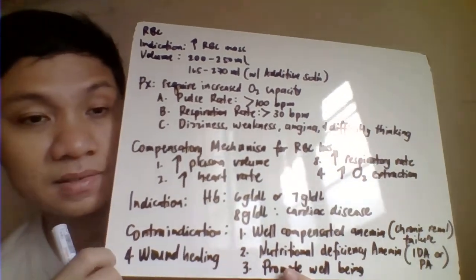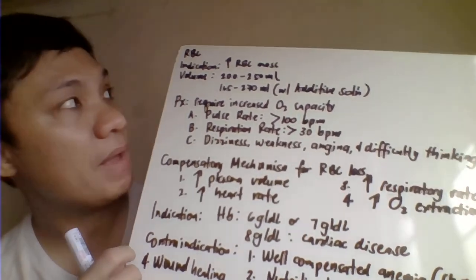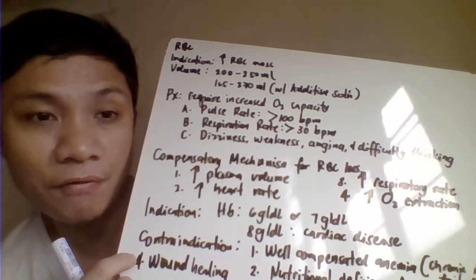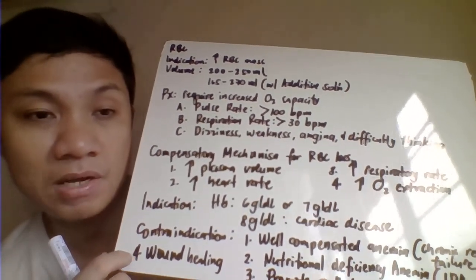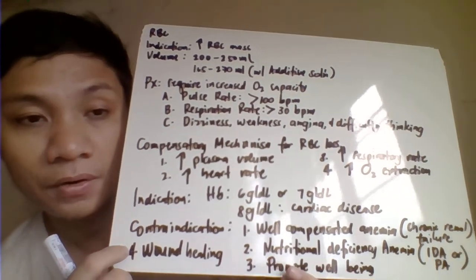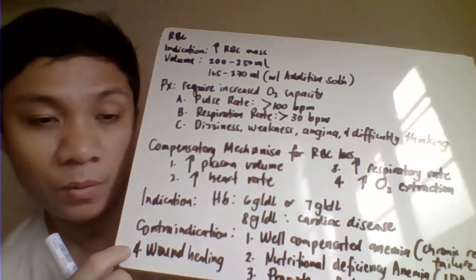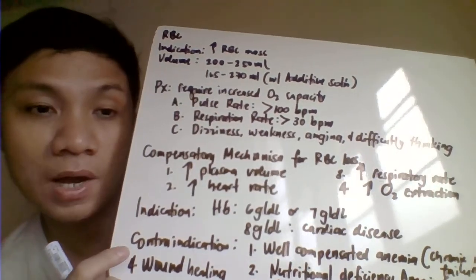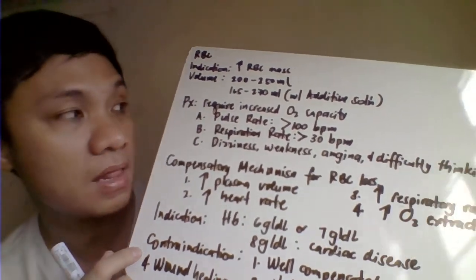The volume for PRBC could be 200 to 250 ml. If the blood has been collected with an additive solution, then it would have a volume of 165 to 270 ml.